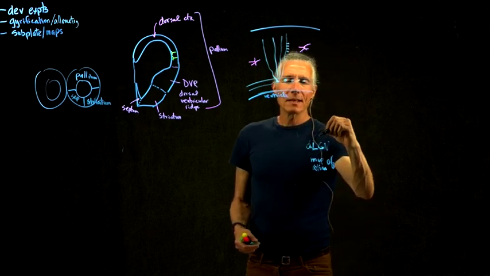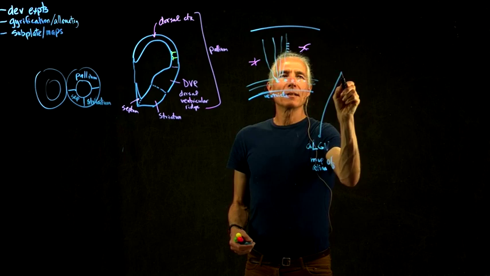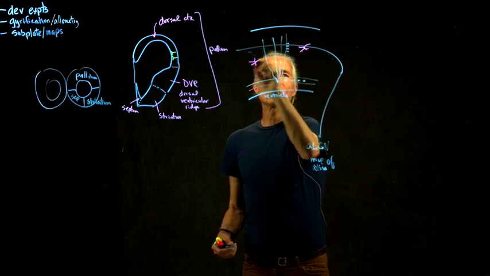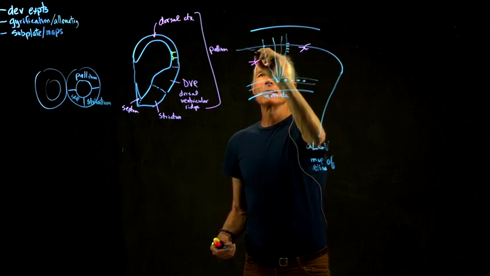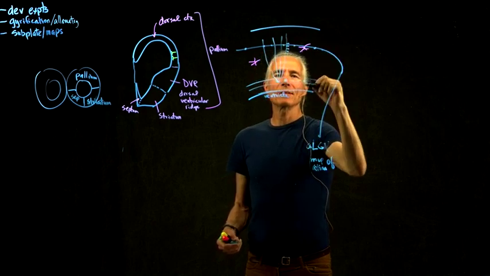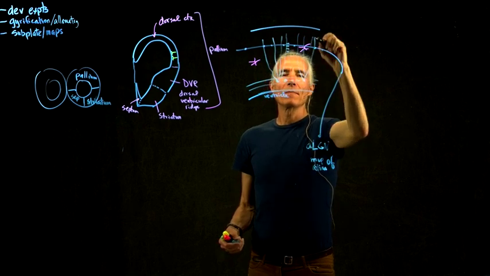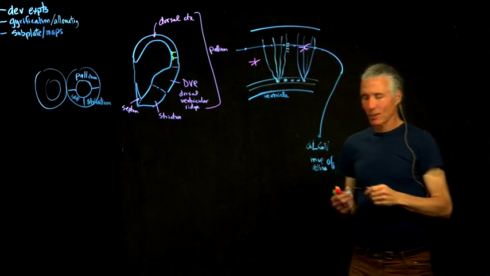But when the cells in there come into the dorsal cortex, they just go across in lines and synapse. There's no map in the cortex. They just come up and make synapses all along. There's no map.